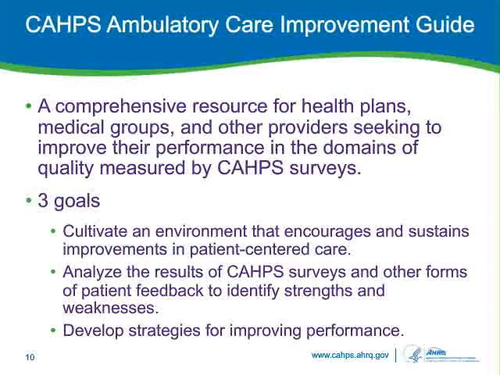The CAHPS Improvement Guide focuses on ambulatory care, and it's a comprehensive resource for health plans, medical groups, and other providers who want to improve their performance on the various domains of quality measured by the ambulatory CAHPS surveys. There are 3 goals for the guide.